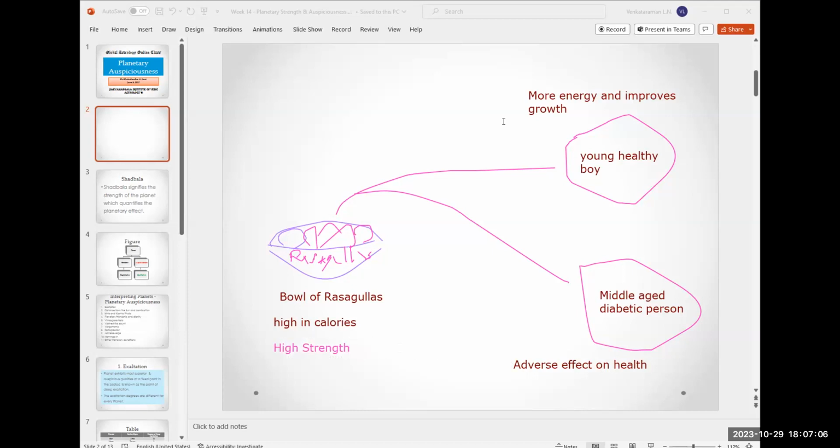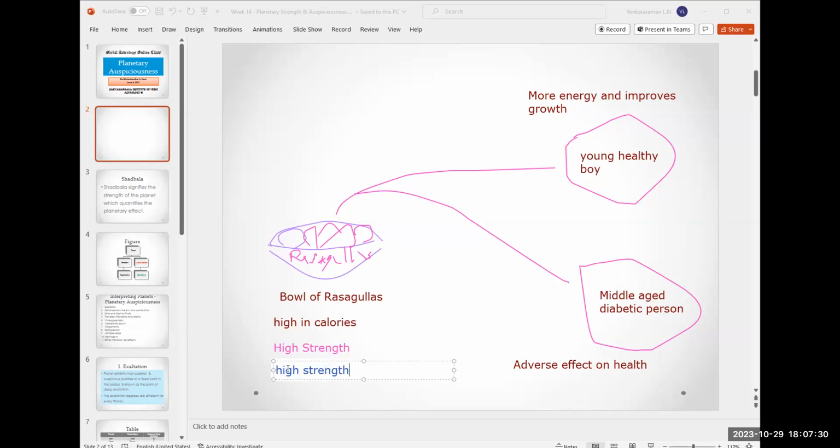For the young boy, it's okay. It's fine. But of course, a young boy taking it every day, every time, that will also be adverse. But in general, high strength does not mean that it will be auspicious. That's what is very important to know, even for planets.